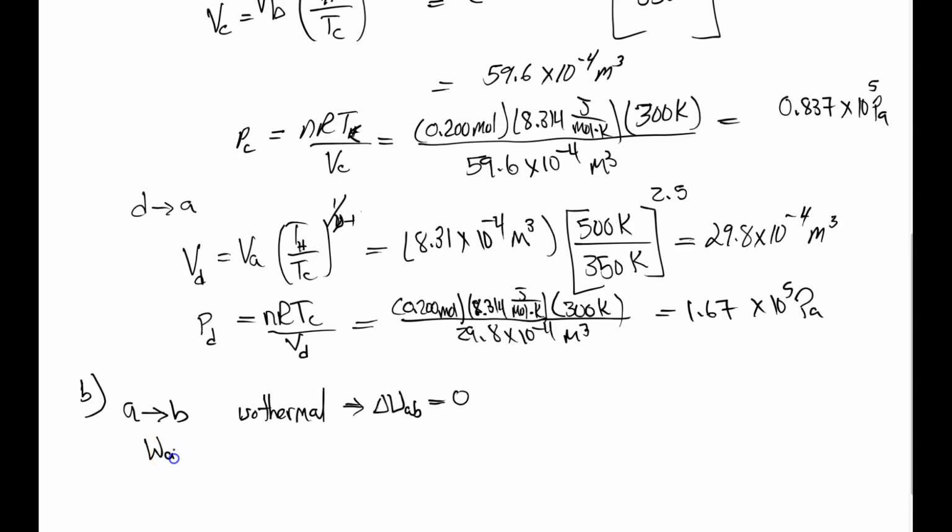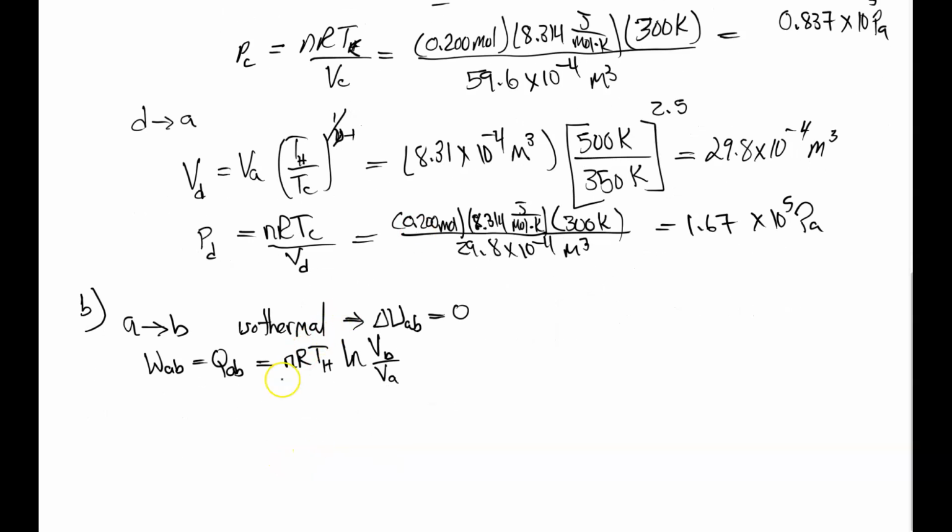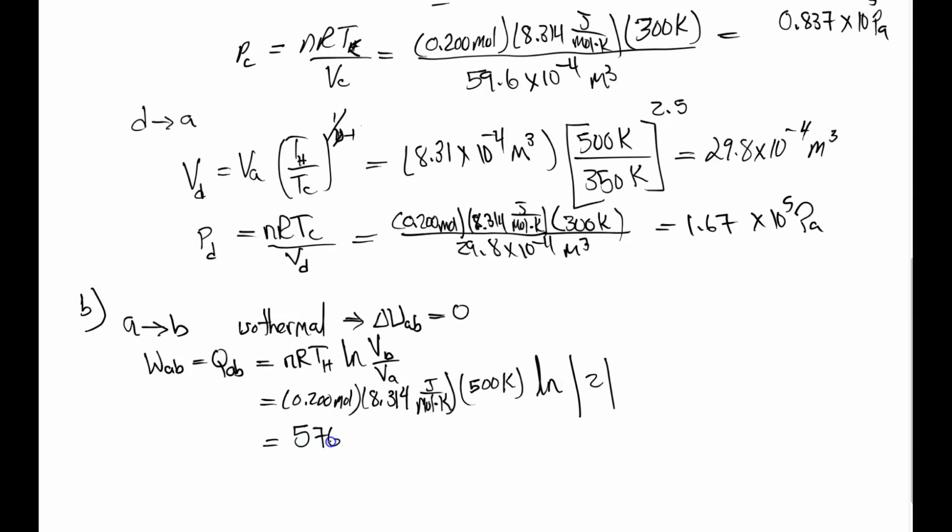We know that the work for AB then is going to equal the heat for the process at AB, and that's going to equal nRT times the natural log of V at B over V at A. Plugging in, we get 0.2 moles, 8.314 joule per mole Kelvin, times the temperature of the high reservoir, which is 500, times the natural log of the volume B over volume A, which is 2, because VB is 2 times VA, and this gives us 576 joules.